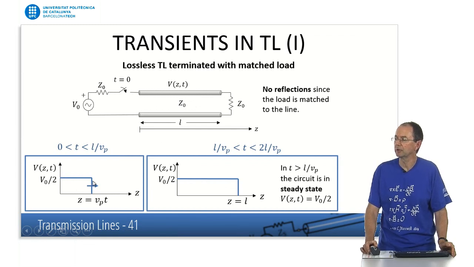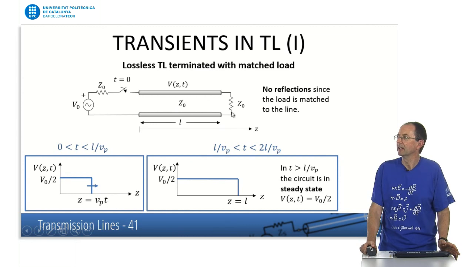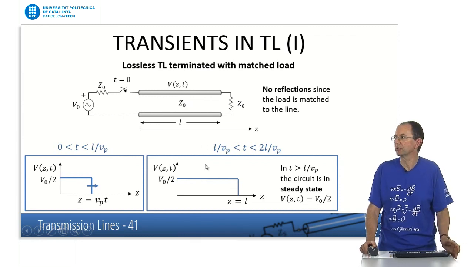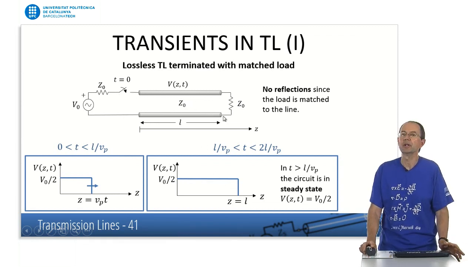So you see here this rising edge from 0 to V0 divided by 2 is progressing along the z-axis of the transmission line, and at a certain time the rising edge will arrive at the end of the line, and then what will happen here? There's no reflection, it's a perfect match, so no reflected wave will appear, so that will be the end of the story. So everything will stay at V0 divided by 2 forever, okay?